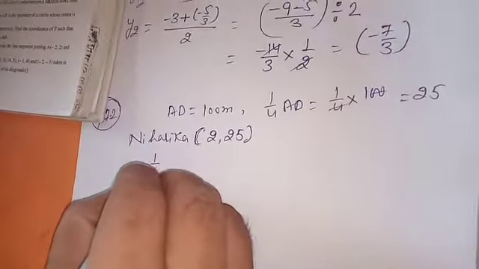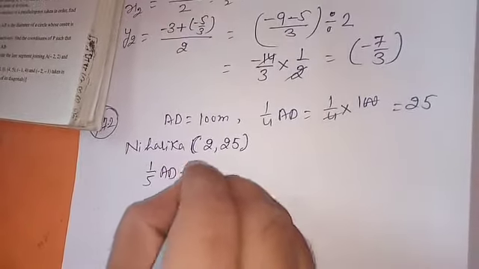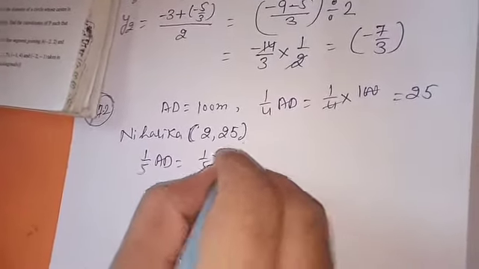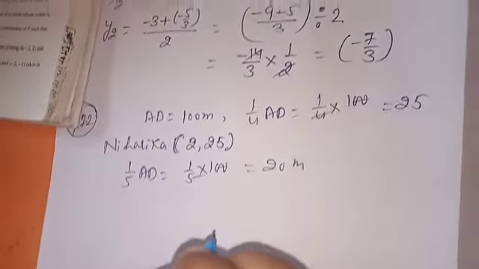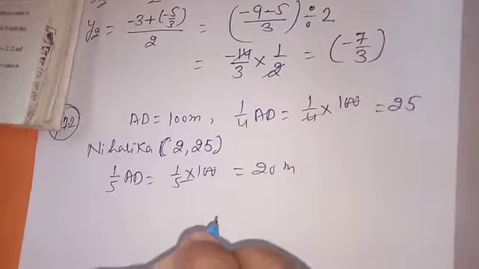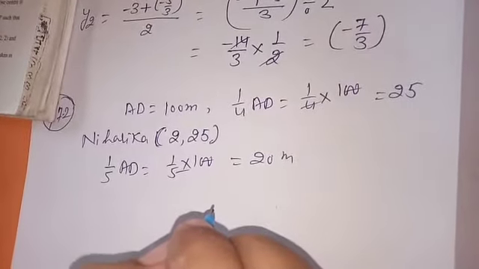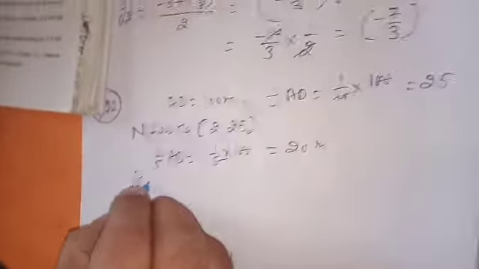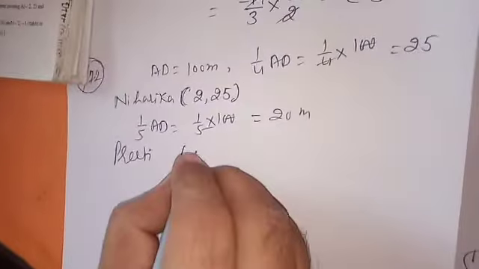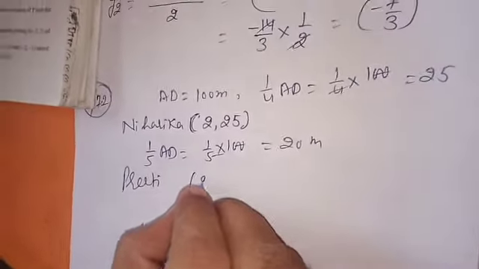What is 1/5 of AD? 1/5 into 100, meaning 20 meters, and on the 8th line. So what are Preeti's coordinates? 8 and 20.